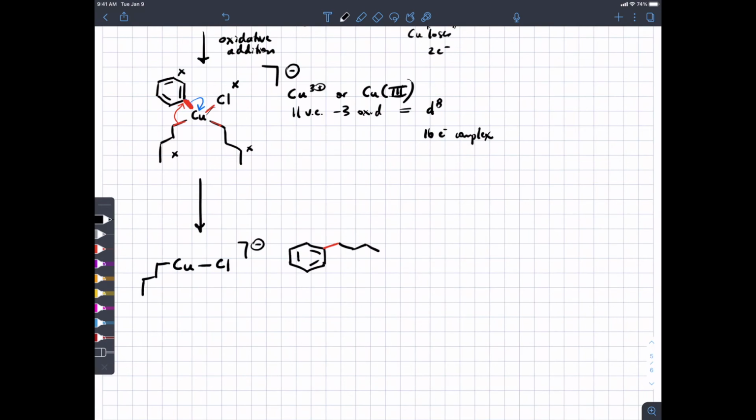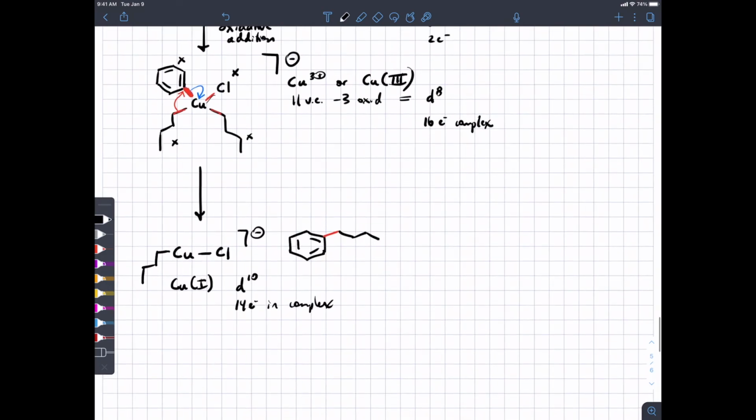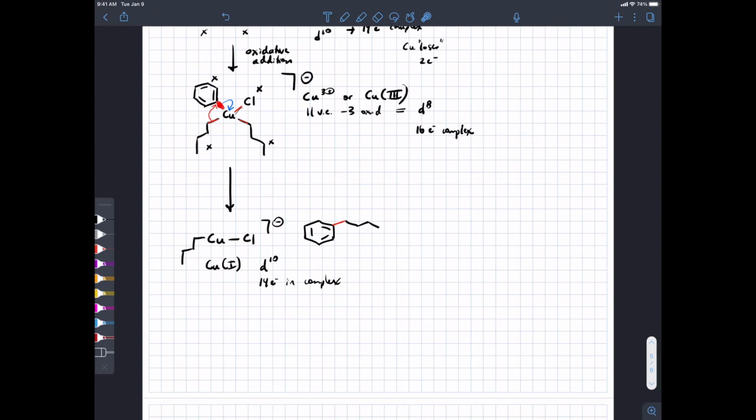And if we count electrons in the same way, you would see that this is a copper 1 complex with d10 electrons and overall 14 electrons in the complex. This process where electrons from an X ligand go on to the metal is called reductive elimination.